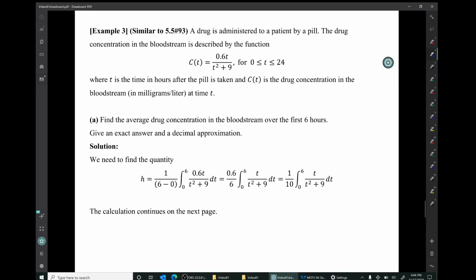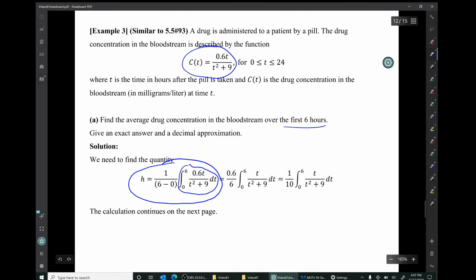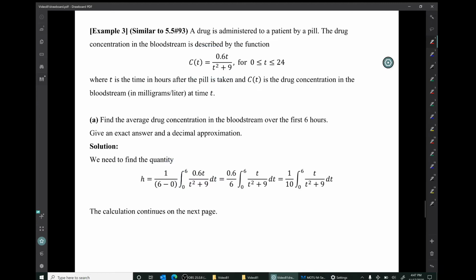Well, we need to find this quantity h, which is the definite integral of that function capital C of t over the interval 0 to 6. So that definite integral, and then divided by the quantity b minus a, that is the quantity 6 minus 0. Now we can simplify this a little bit.